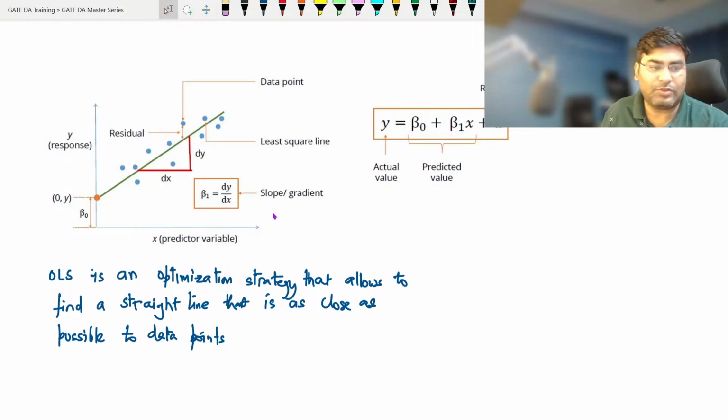I'm just jotting it down so that it's with you on the notebook. In a linear regression model, that's the whole plan.